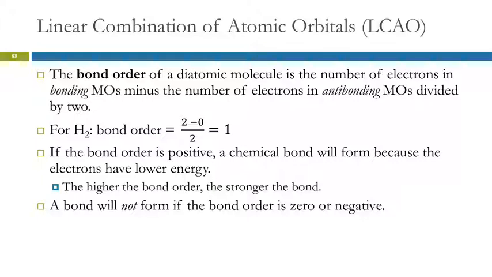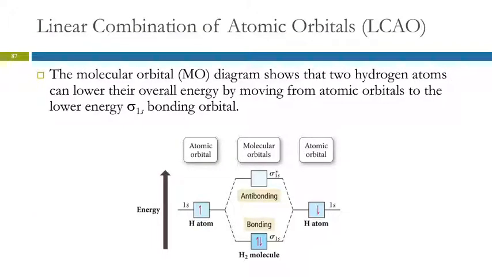For hydrogen, the bond order is 2 minus 0 divided by 2, which equals 1. Let's go back to that diagram and see where that comes from. The bond order is the number of electrons in bonding orbitals. Here's our bonding orbital.